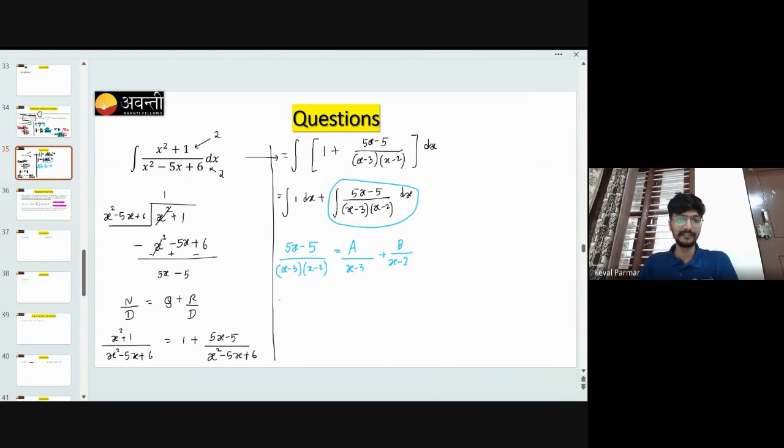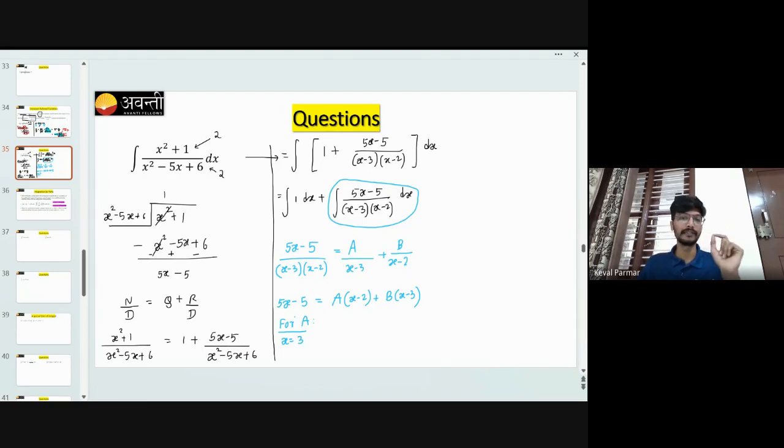If I take the LCM, the denominator will get cut from both sides. So I'll get a into x minus 2 plus b into x minus 3. Clear till here? Let's move forward. For a, b should become 0, so for a, put x equals to 3.